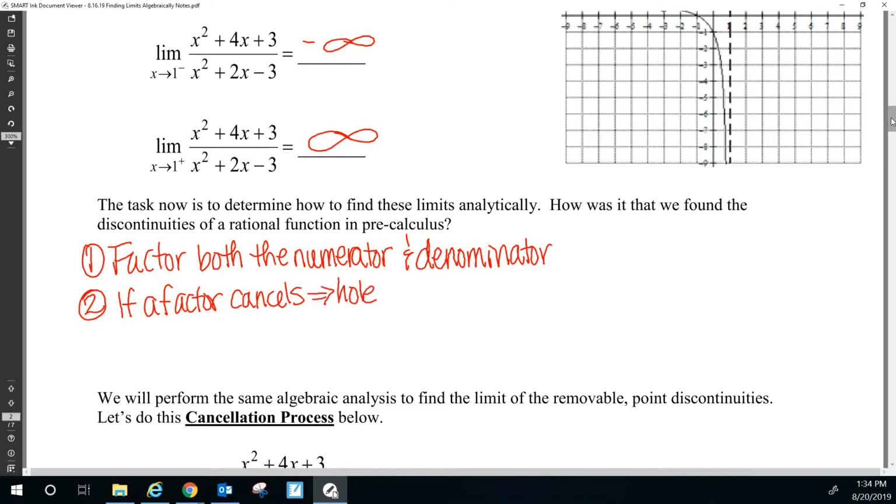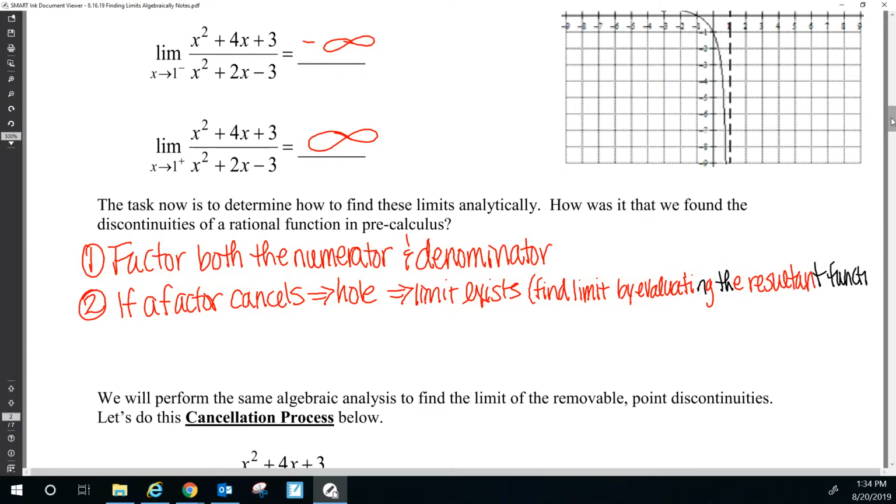And like we just talked about up here in this picture, a limit can exist. Or at least we can check to see if it exists, and we can find the limit. And we find that limit by evaluating the resultant fraction or function.